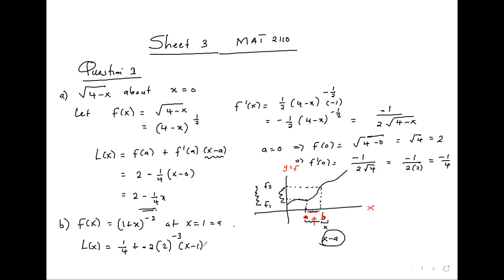You can arrange this to 1/4 minus 2/8 times x minus 1, which becomes 1/4 minus 1/4 times x minus 1, as the linearization for b.